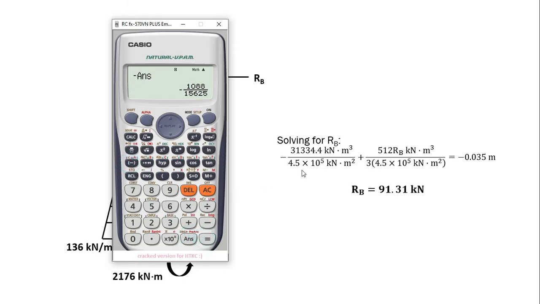This is this part. So, when it goes to the other side, it becomes positive. So, let's just negate again. Minus 0.035. Okay, divide it by 512 over 3 times 4.5 times 10 raised to 5. Okay, there it is. We have gotten the 91.31 kilonewtons. Okay? So, let's store it in letter E.